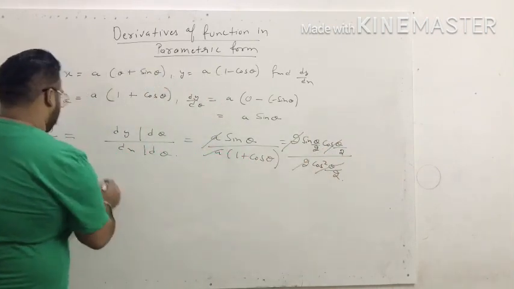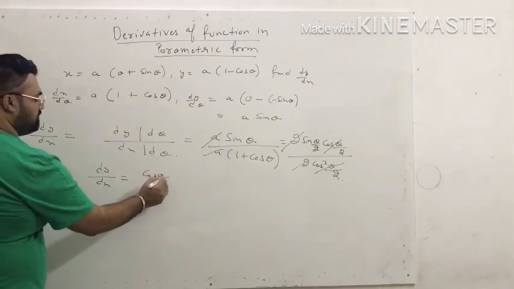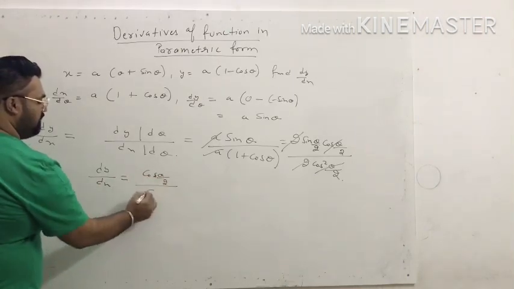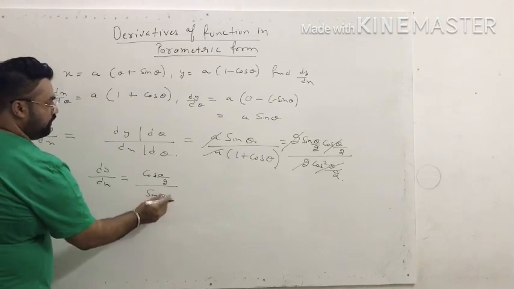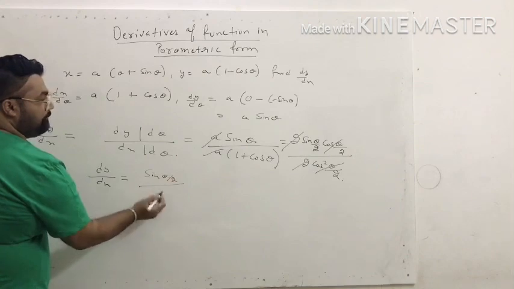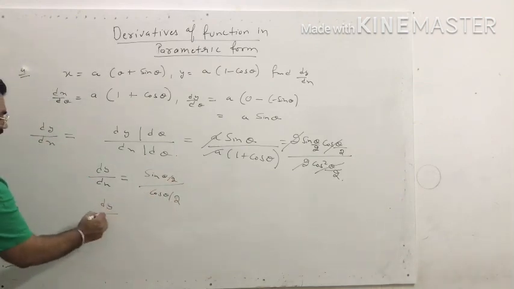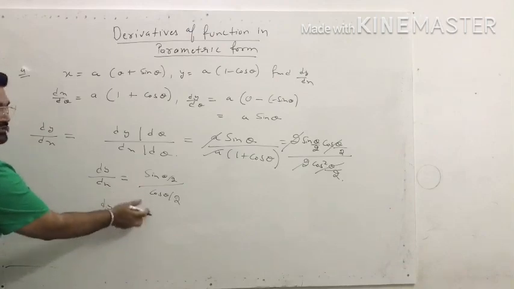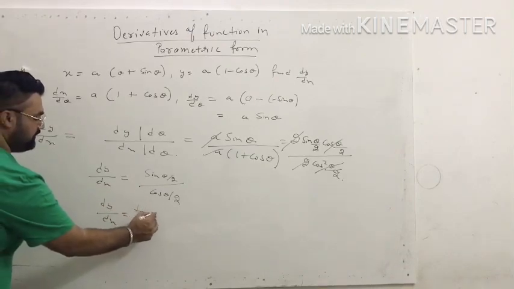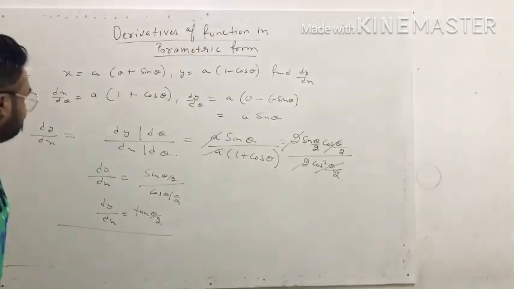So the remainder becomes dy upon dx equals sin theta by 2 upon cos theta by 2. So dy upon dx equals tan theta by 2. So this is the fourth example. Now we shift to the next question.